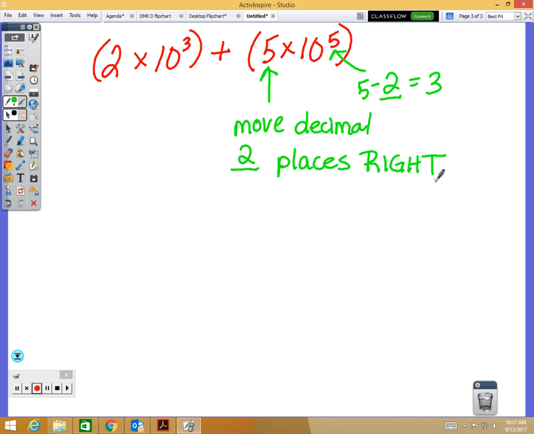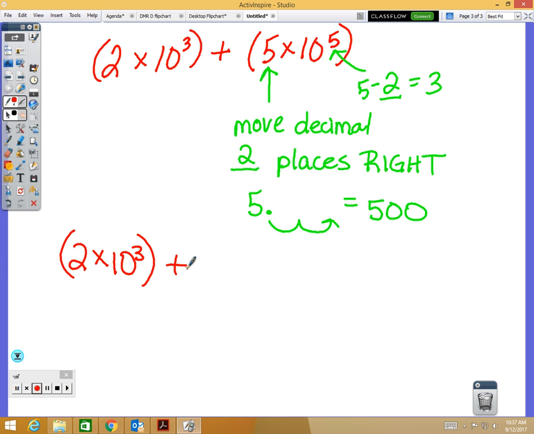So this 5, when I move it 2 places, is now going to become a 500. So I'm going to rewrite my problem. Again, my first number didn't change, 2 times 10 to the 3rd. But my second number is now becoming 500 times 10 to the 3rd.